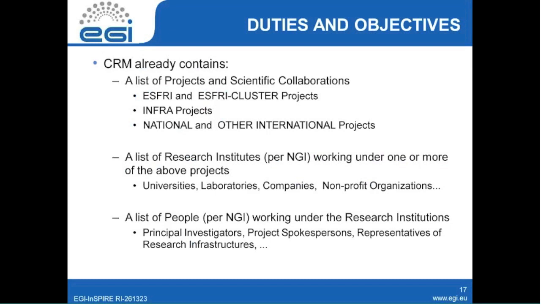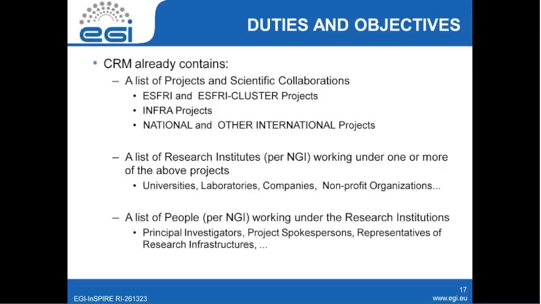So we have a large set of ASH-free and ASH-free project records, a large set of infra projects, and some national and other international projects. So this is information which is already in the system.